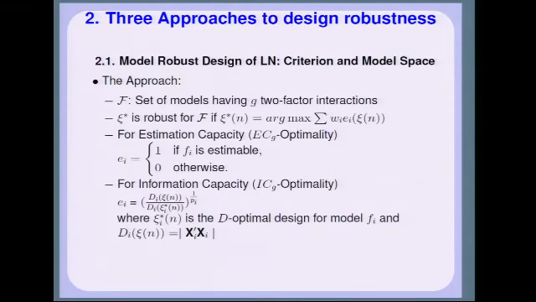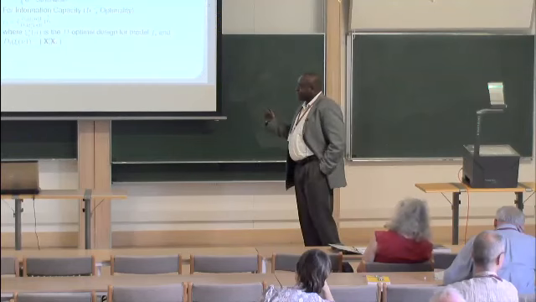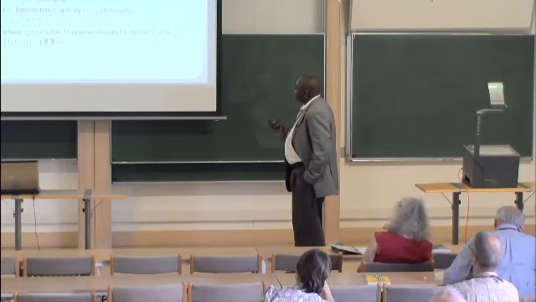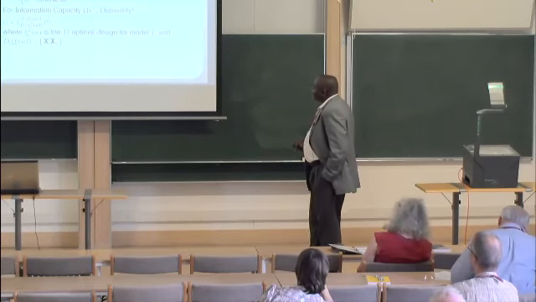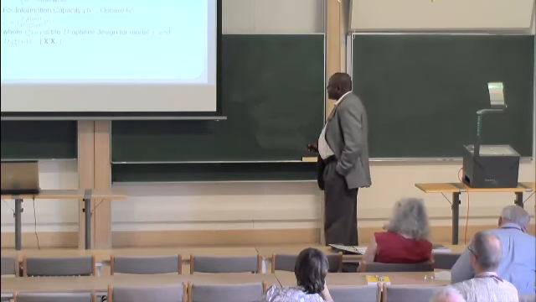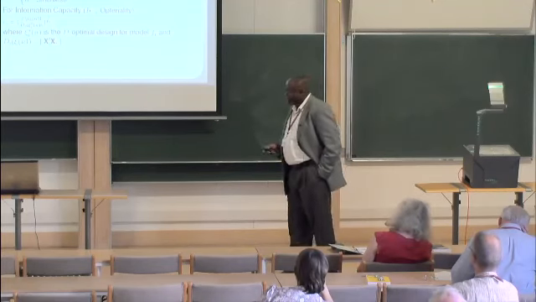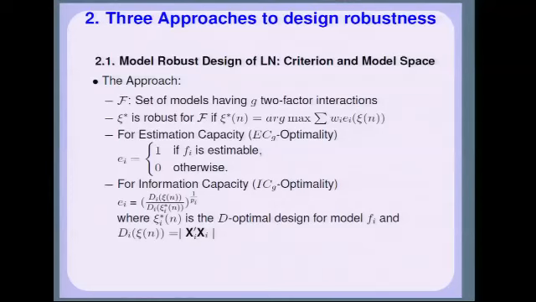This efficiency can be the estimation capacity, just to see whether those models are estimable or not. If it's estimable, it's 1; if it's not, it's 0. So we come up with a percentage which tells us whether the criterion leads to estimability of the models in that set. And then we also have the information capacity. It's a paper by Lee and Nachtsheim.